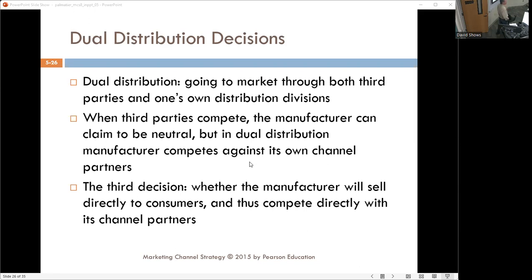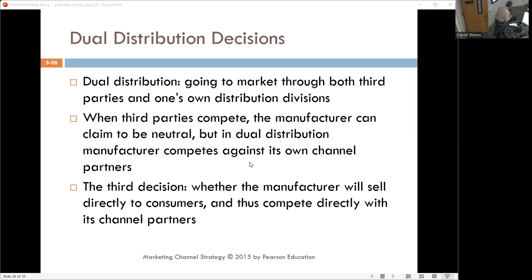The large dealers are getting larger ones. However, in this instance, the manufacturer can at least say that they're neutral, that it's just the way they're doing business. Not only that, but when there comes to be any confrontation that can happen between these two channel members, the manufacturer can be thought of as a neutral party.